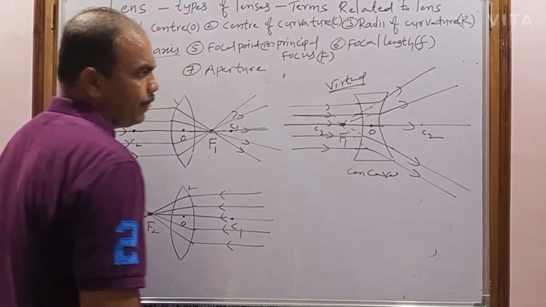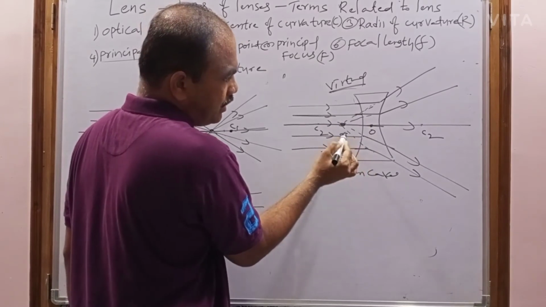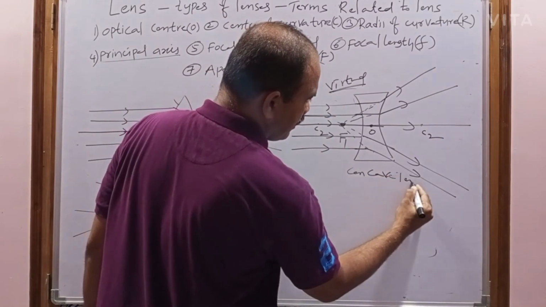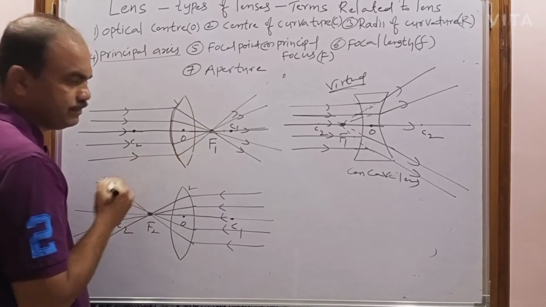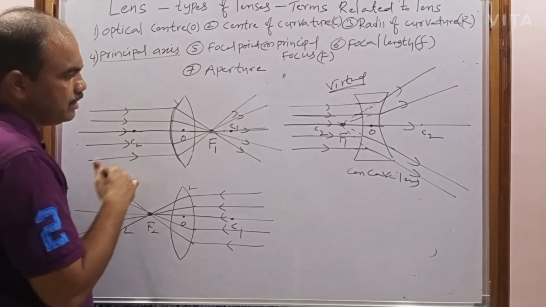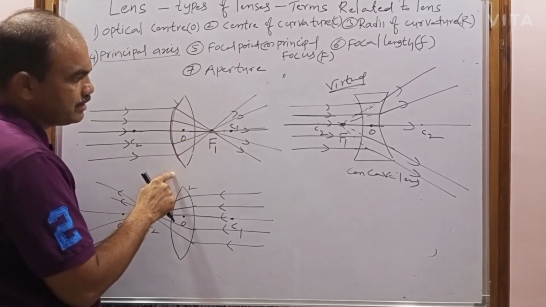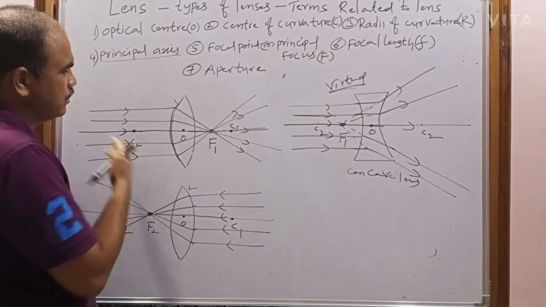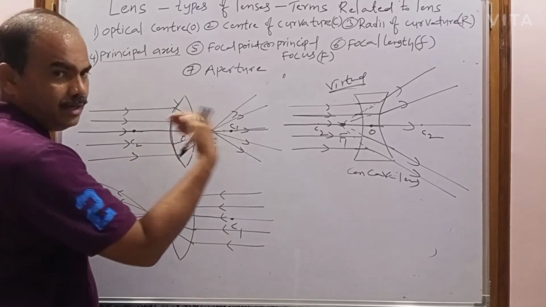But when we observe, this is the first surface. For this first surface, the focus will be on the same side in case of the concave lens. But in case of the convex lens, when the light is incident on the first surface, the first principal focus exists on the other side.